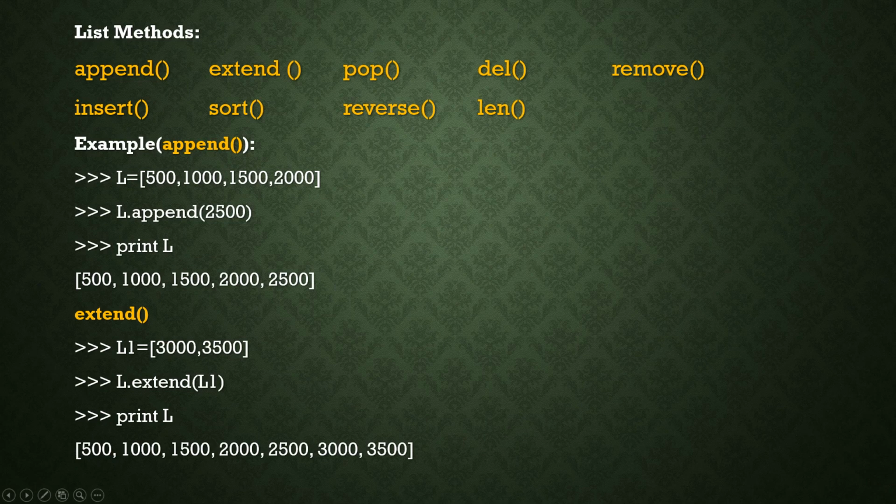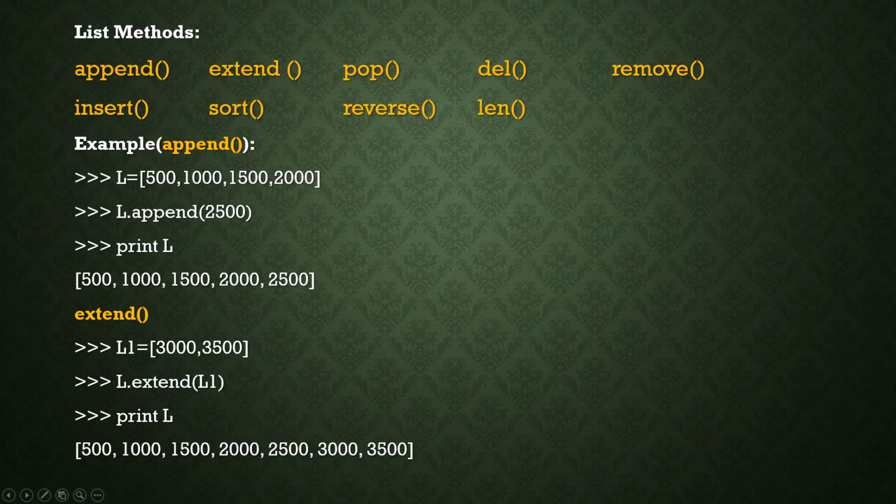The extend operation is used to append more than one element, or to append a list itself. So directly you are going to append a list to the end of the previous list, which is given as L1 itself. So L1 will be appended to L. There are a total of 7 elements: 500, 1000, 1500, 2000, 2500, 3000 and 3500.